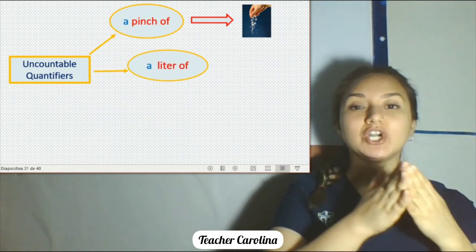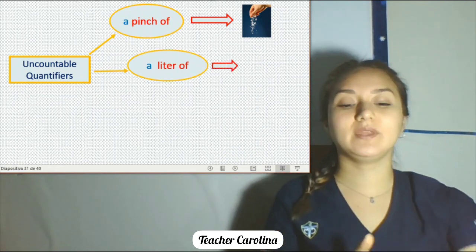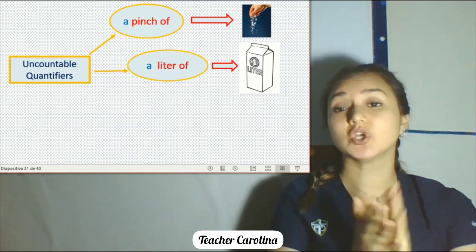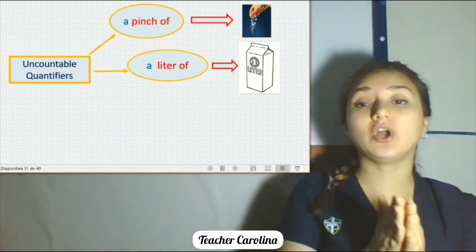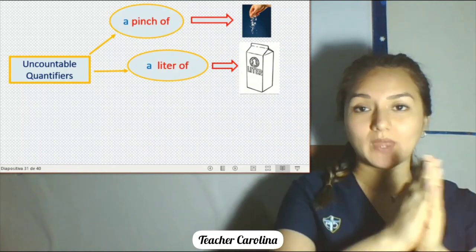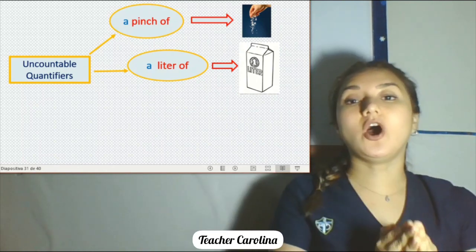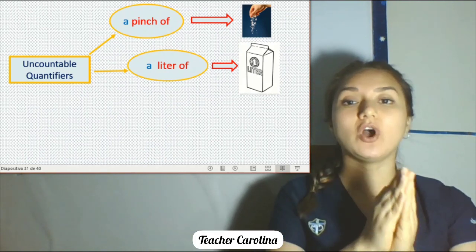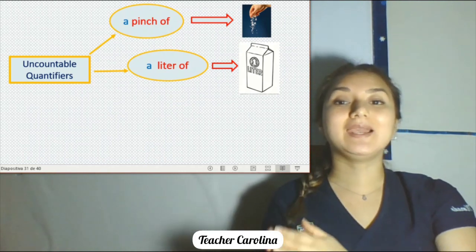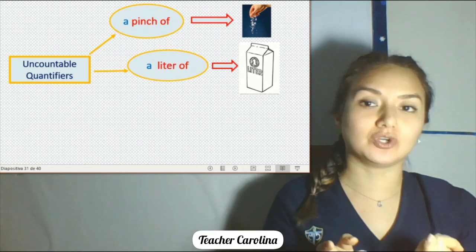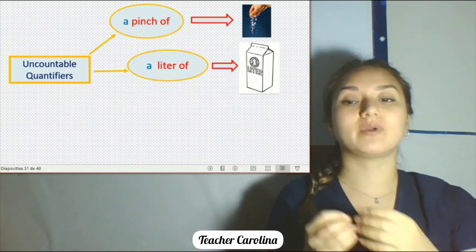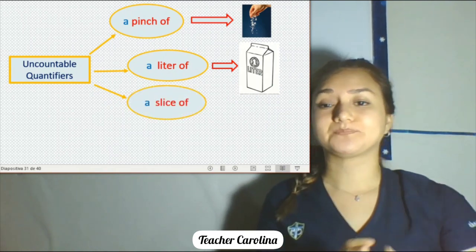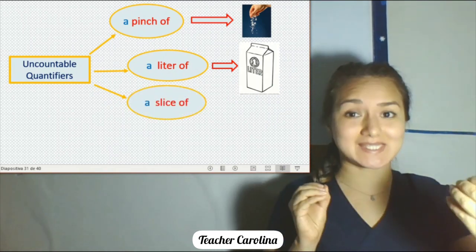A liter of. And you have in there a box. You can say a liter of soda. A liter of milk, a liter of water, a litro in Spanish, litro, right? A liter of. Now in here, a slice.